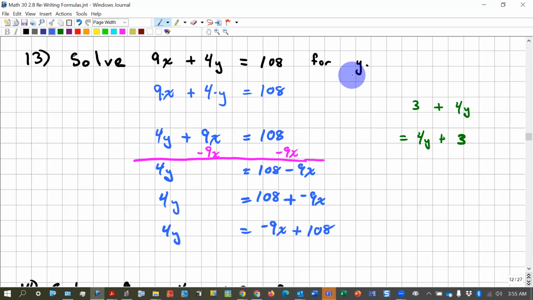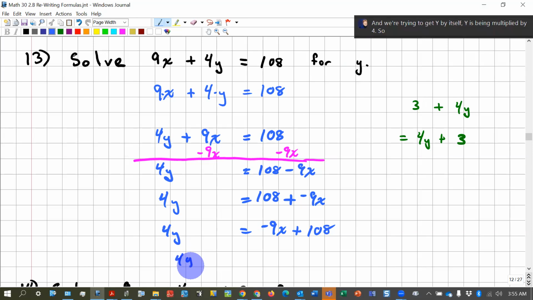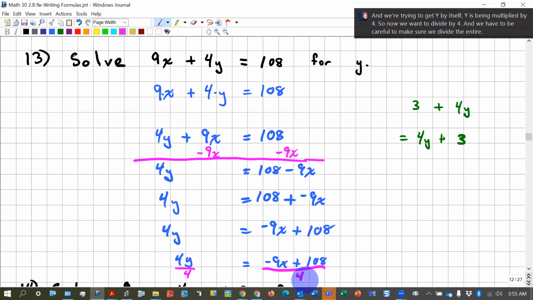And we're trying to get y by itself. Y is being multiplied by 4. So now we want to divide by 4. And we have to be careful to make sure we divide the entire right-hand side by 4.